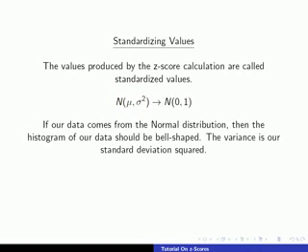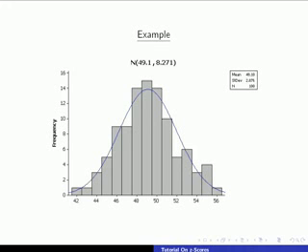We know from before that the variance is just the standard deviation squared. So when we've calculated the z-scores of our sample, the data will now have mean 0 and variance 1. If our data is normally distributed with mean 0 and variance 1, then we call this the standard normal distribution.